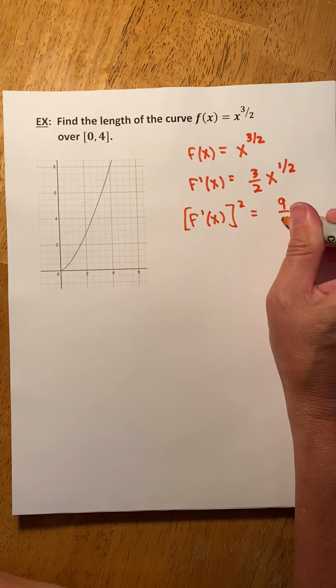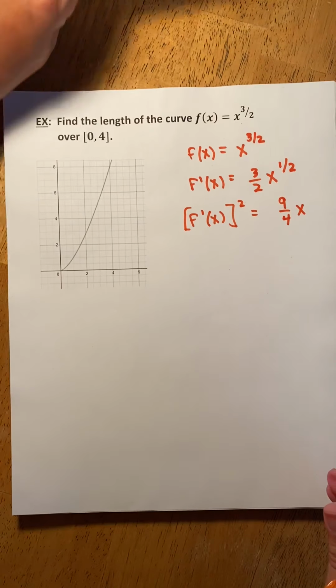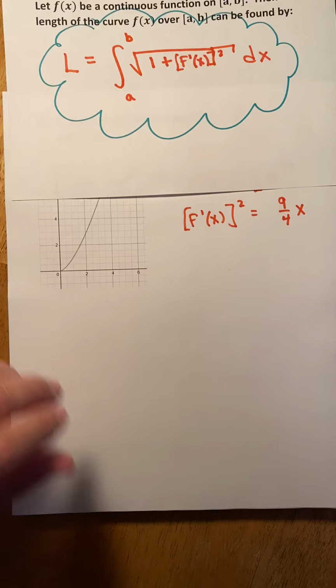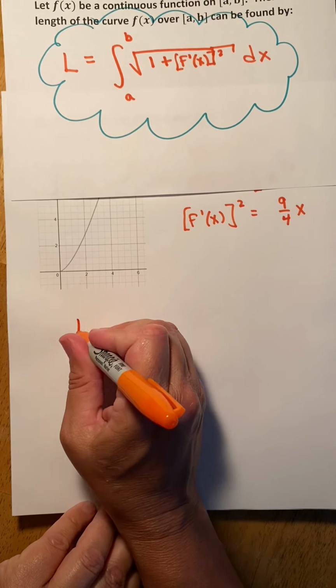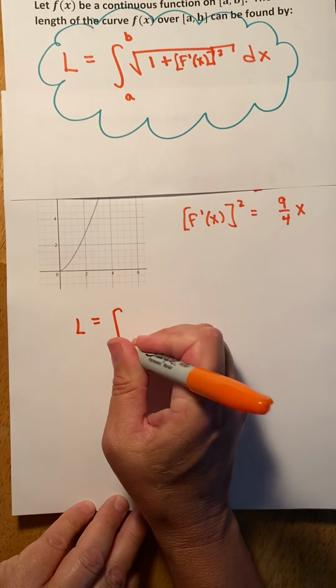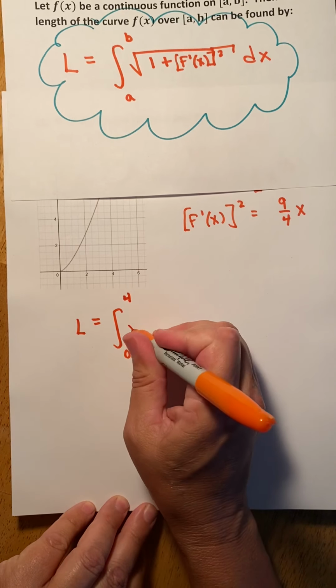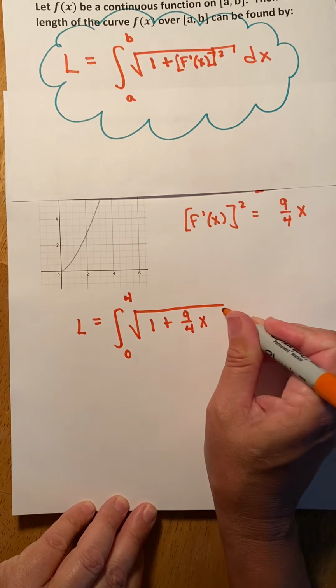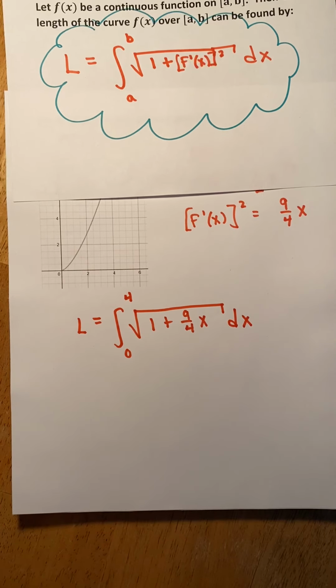So that would be 9/4 x. And then we're going to look back at this template. So the length of the curve is going to be from 0 to 4, the square root of 1 plus 9/4 x dx.